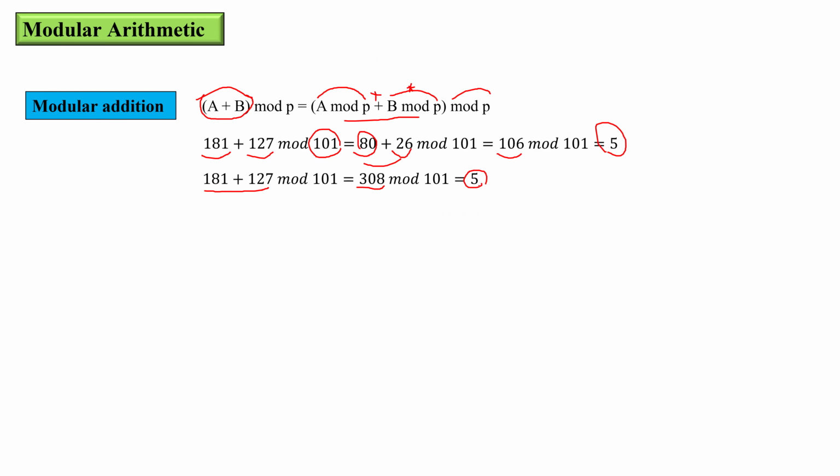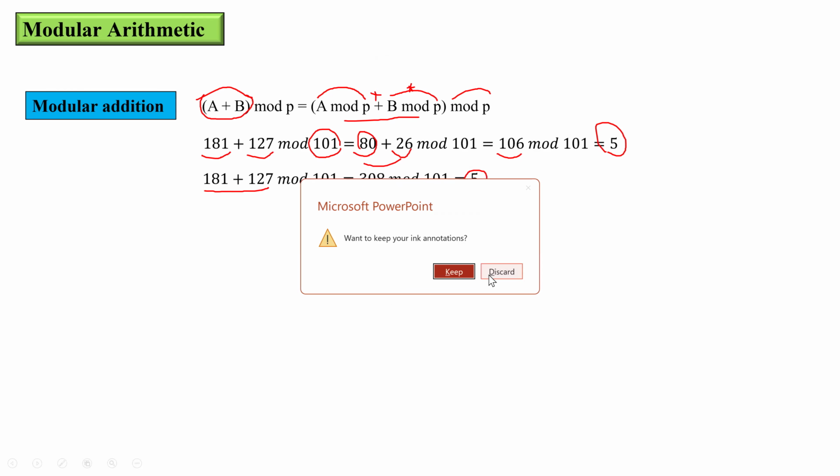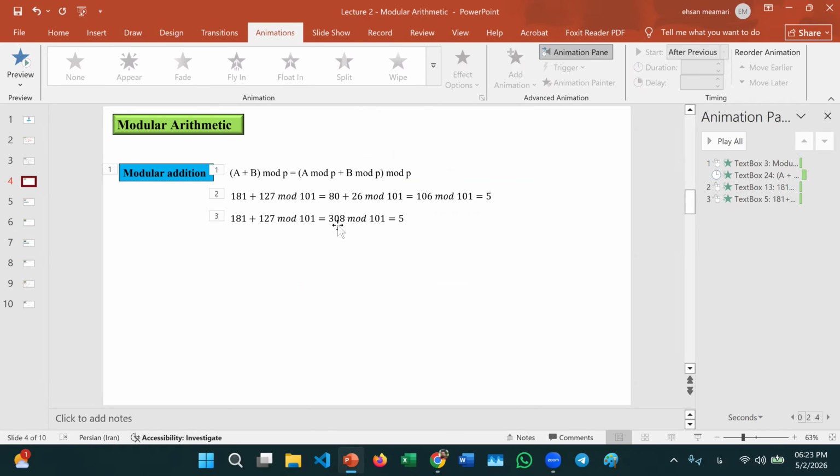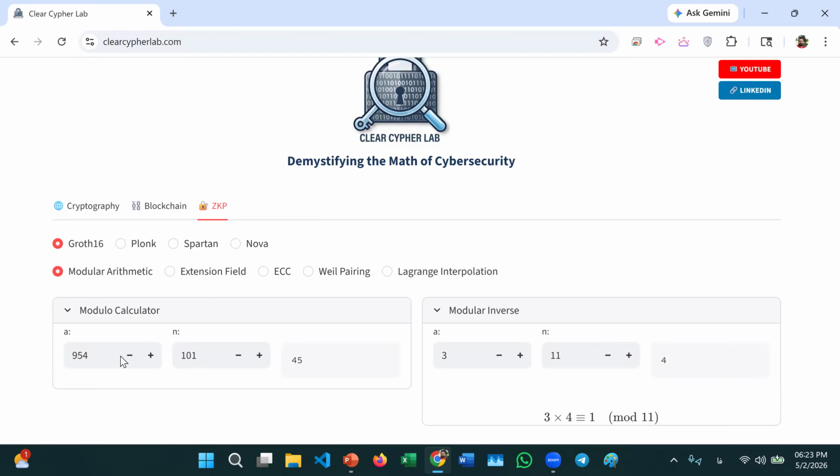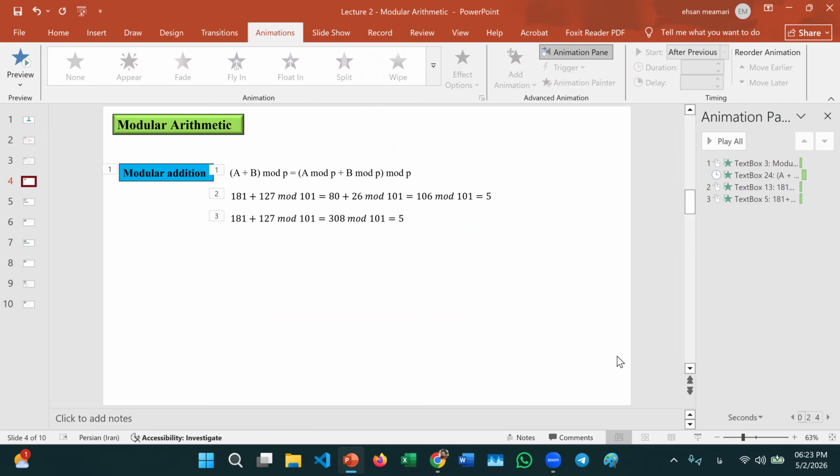Again, you can check on our website to see if it's correct. 308 mod 101 is 5, right? So that was correct.